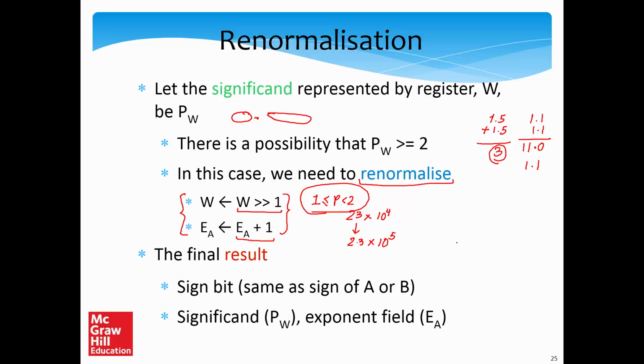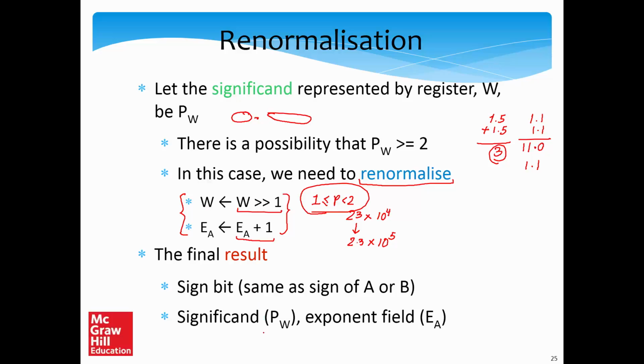We are defining addition as adding either two positive numbers or two negative numbers. If the sign bit is different, it essentially becomes subtraction. So two positives we add, the result is positive. Two negatives we add, the result is negative.